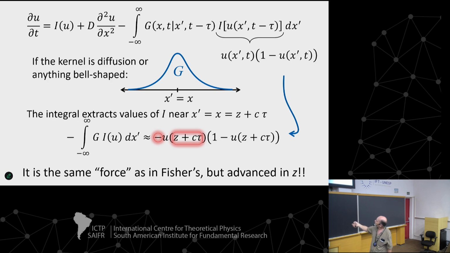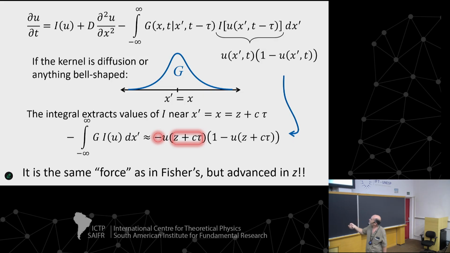So you see, again, it has the logistic form. It's u times 1 minus u, but u evaluated at a different time. Instead of being evaluated at z, like this part here, it will be advanced in time.